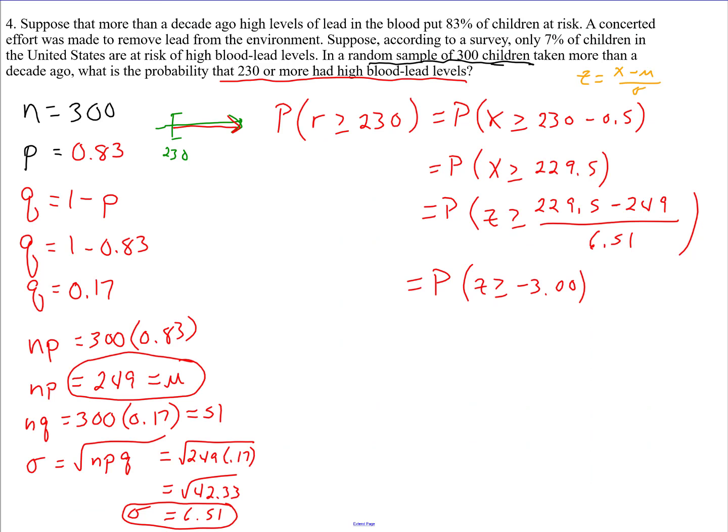So then, because this is greater than or equal to, that's area to the right. So this is going to be equal to 1 minus the 0.0013 we found, which then gives us 0.9987. And that is the probability r is greater than or equal to 230.